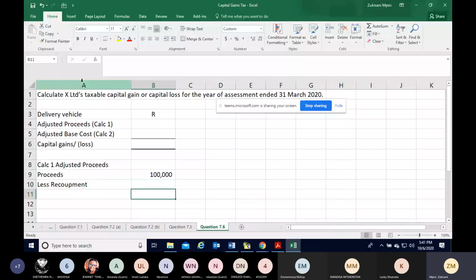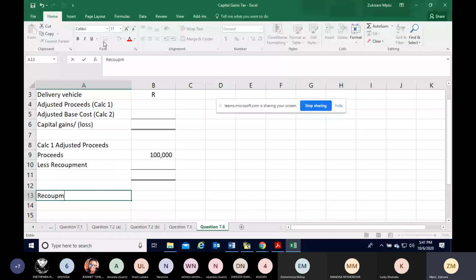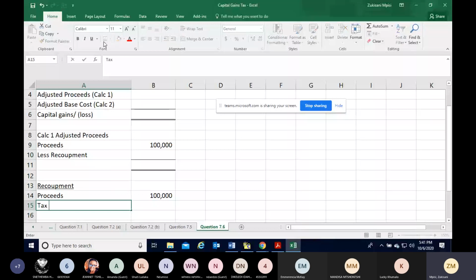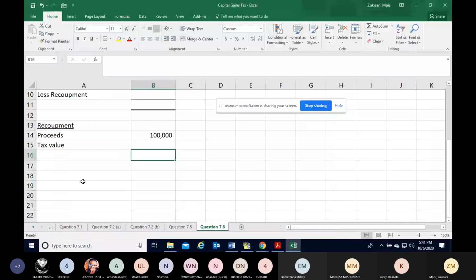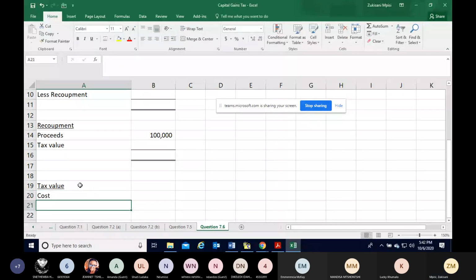We don't know what the recoupment is going to be, but we know that in order to calculate the recoupment, we must say proceeds of 100,000 less tax value. And now we need to calculate the tax value. Tax value, we know, is the cost less capital allowances.